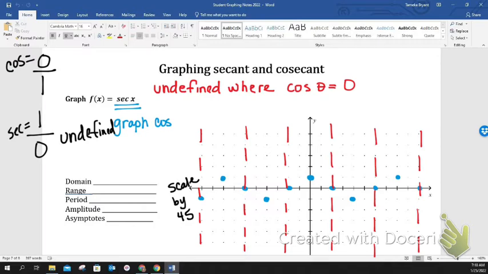Okay. So it looks like parabolas, even though it's not parabolas. But every time you have a point at 1, I want you to draw, it looks like a parabola, but it's technically not. So every time you have a point at 1, make a parabola going up. And then every time you have a point at -1, you make a parabola going down.